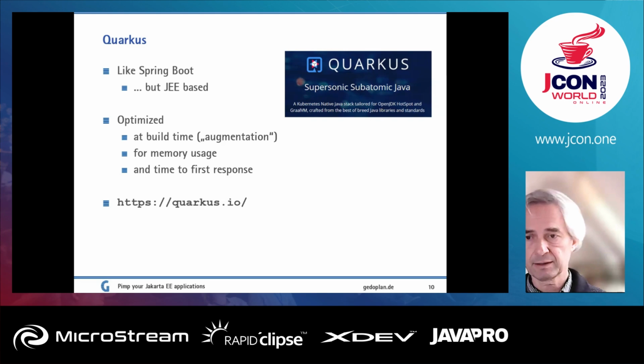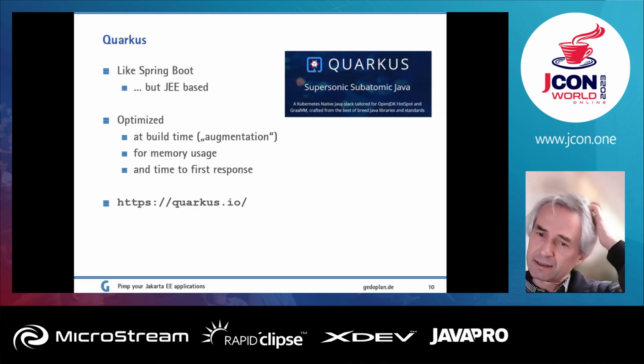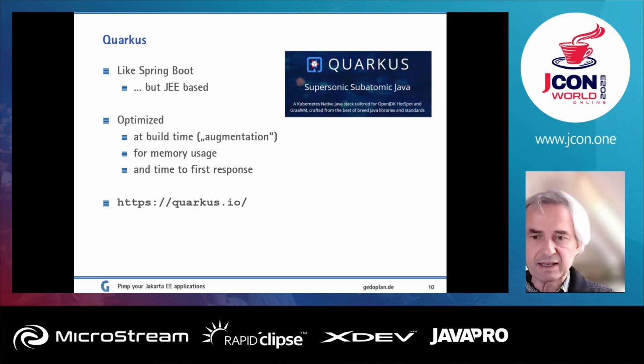We'll see that in a minute. That is partly done by optimization at build time. So there are things done at build time that other frameworks can do at runtime first by reflection, like matching injection points to injected beans. That's a part of setup or initialization of an injection container at runtime, and this matching in the end is static.